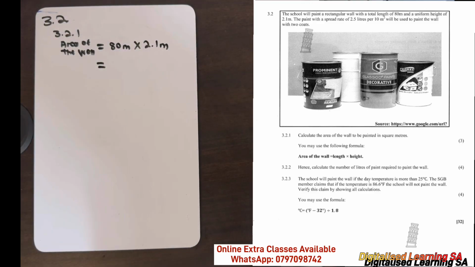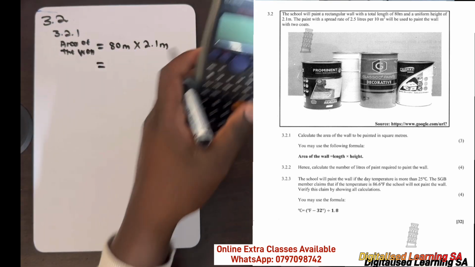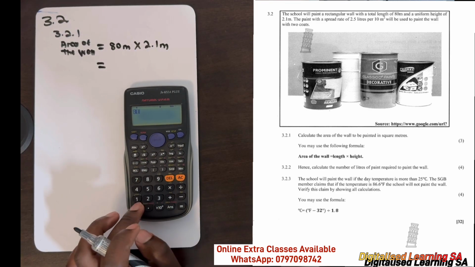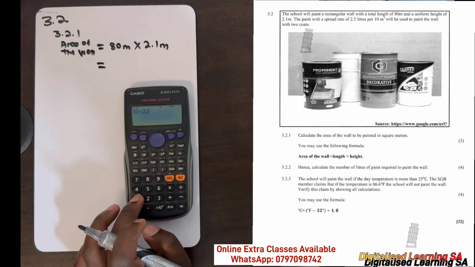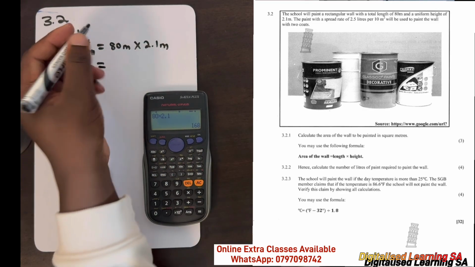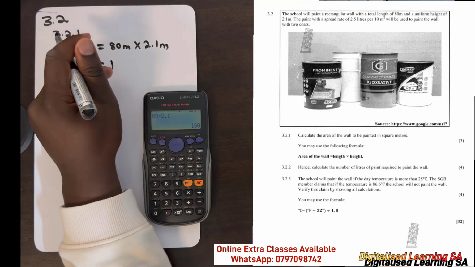Okay, so if we multiply the two, we will be able to get our area. So we will go ahead and say 80 multiplied by 2.1. So our area is 168 square meters.